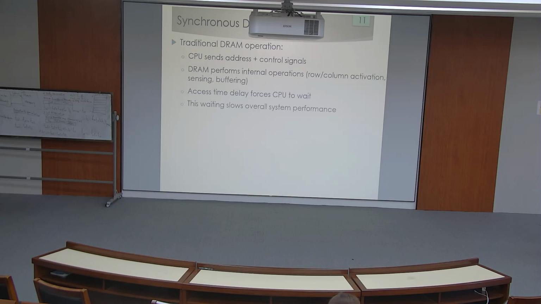Then the memory system, in this situation the DRAM, needs to perform some internal operations, including the row or the column activation. If you still remember, when we talked about the memory organization, we have the memory organization which includes many words.